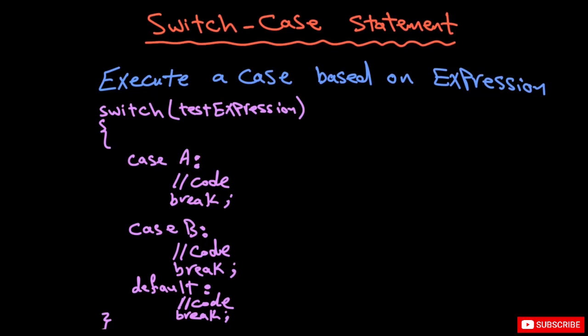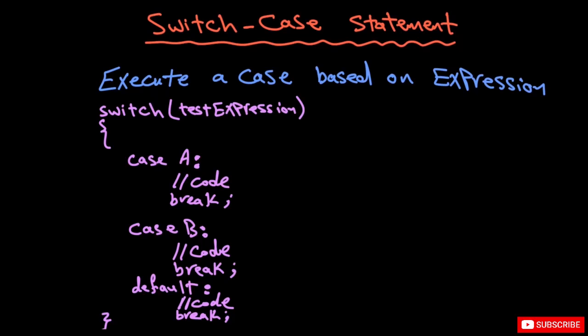To create the switch statement in the C# programming language, we use the switch keyword followed by a test expression, or condition, in between round braces. You can see the full body of the switch statement inside curly braces: case A, case B, and the default case.